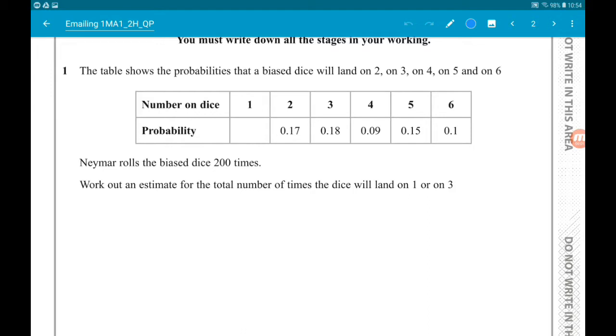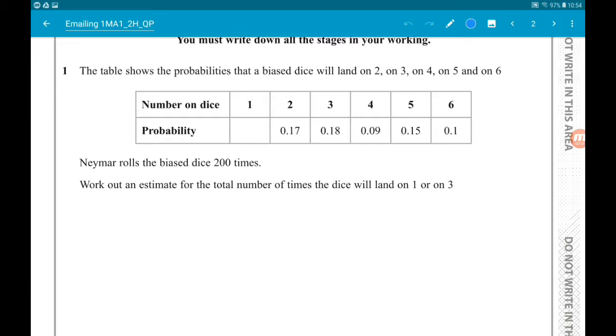Okay, question 1, probability. The table shows the probabilities that a biased dice lands on 2 or 3 or 4 or 5 or 6. Not 1 though. Neymar rolls the dice 200 times.